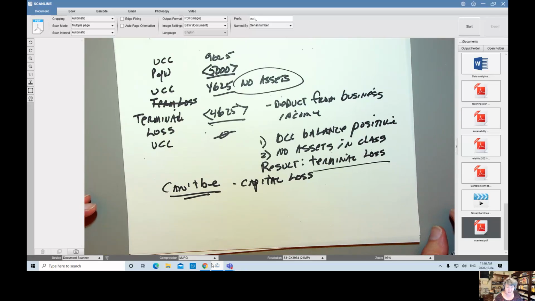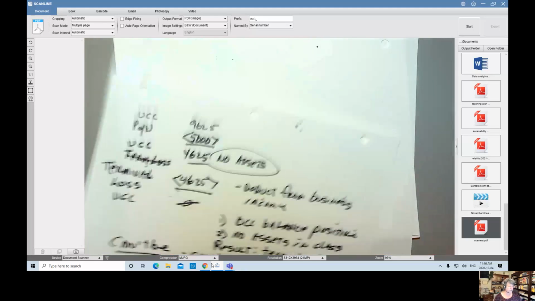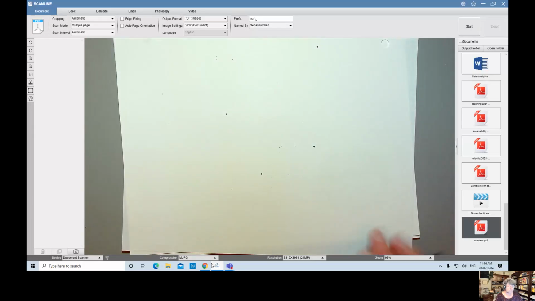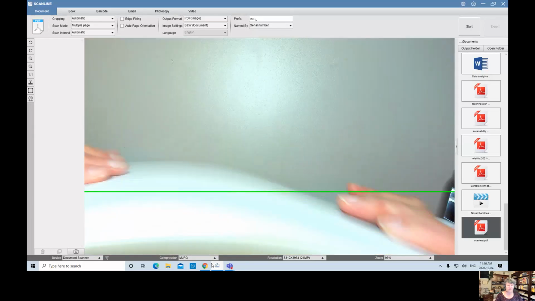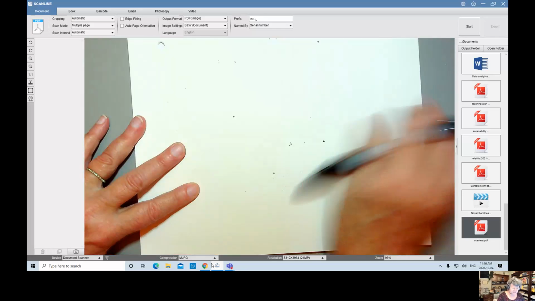Losses on fixed assets represent cost allocation adjustments. There's nothing else there. Only if you sell for greater than original cost, in which case that's a gain, do you have a capital issue.